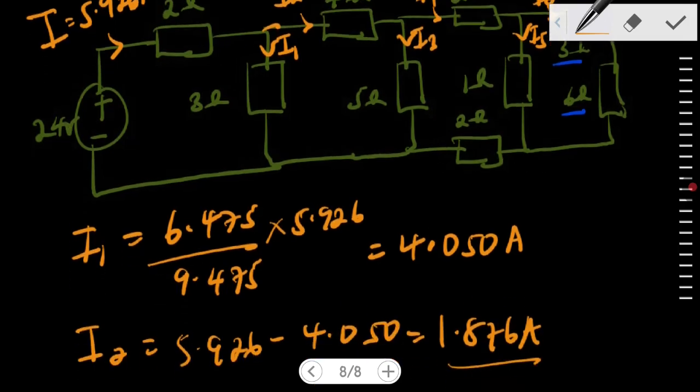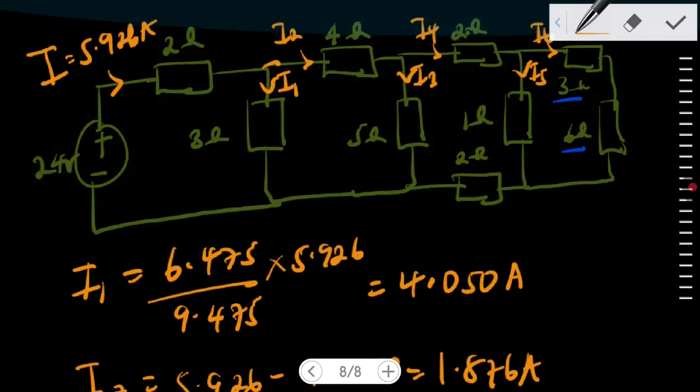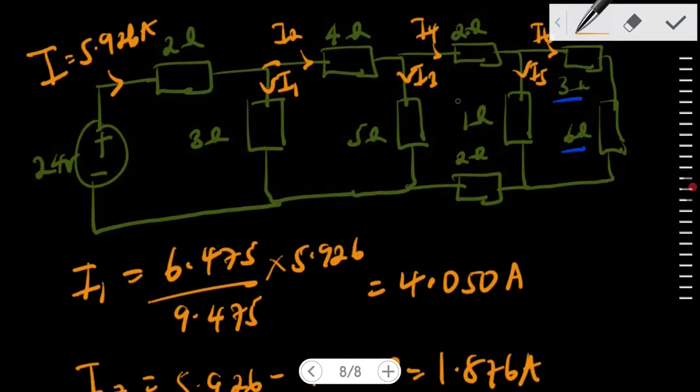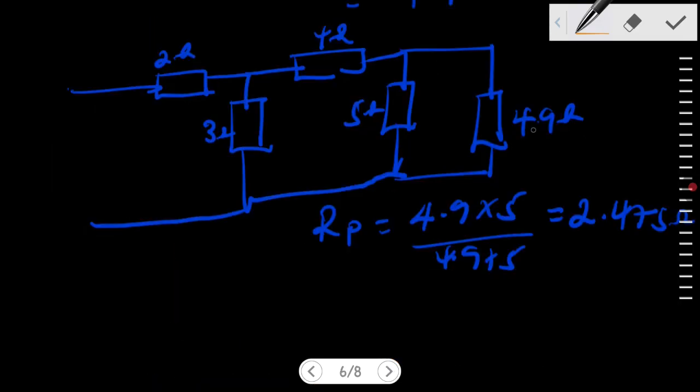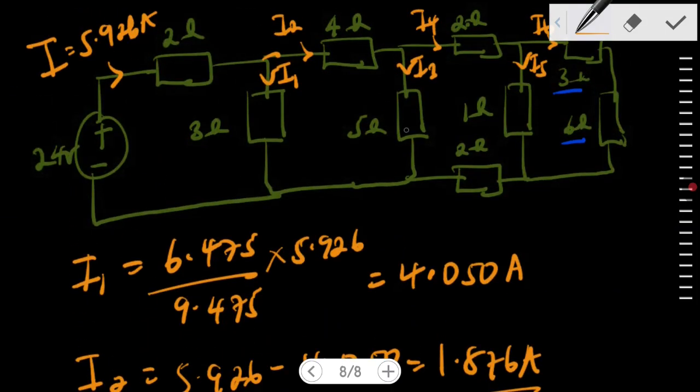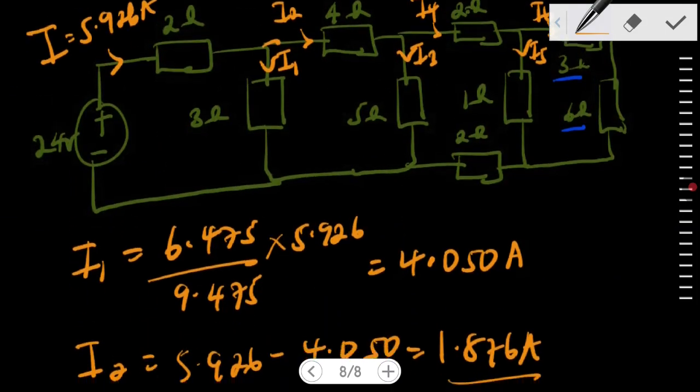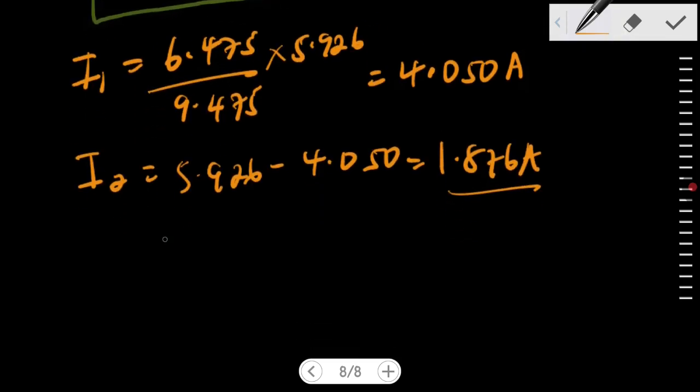Now, out of that, let's try to get I3. Let's remember, the 5 ohm resistor is in parallel with a 4.9 ohm resistor, which replaced the other part of the circuit, right? So this is a 4.9 ohm resistor. So we know that this 5 is in parallel with the 4.9 ohm resistor.